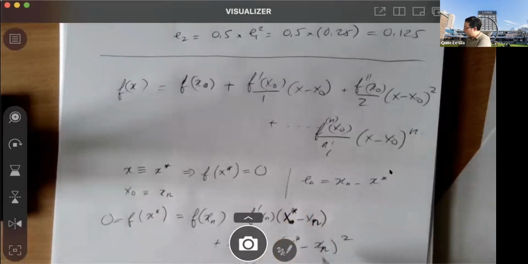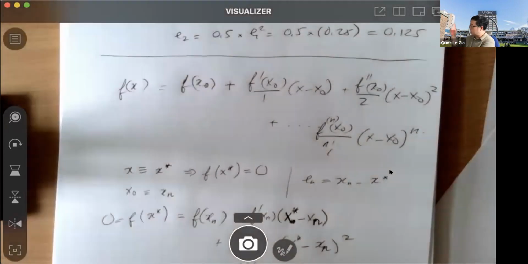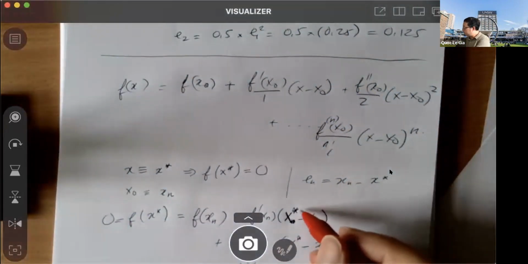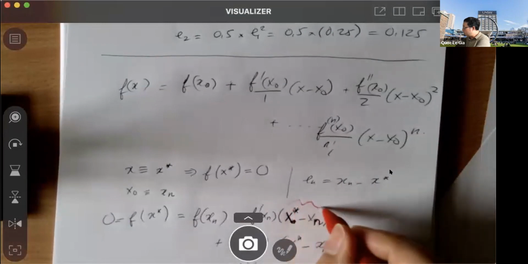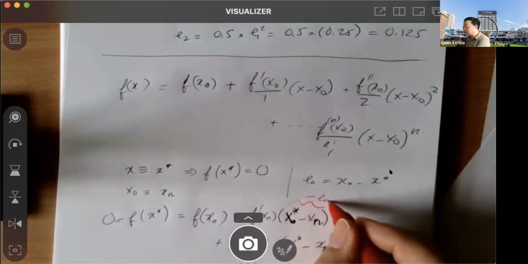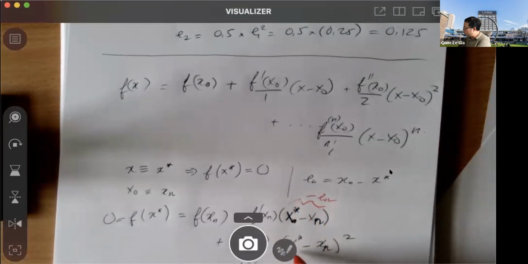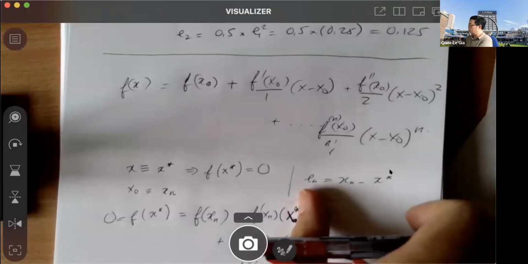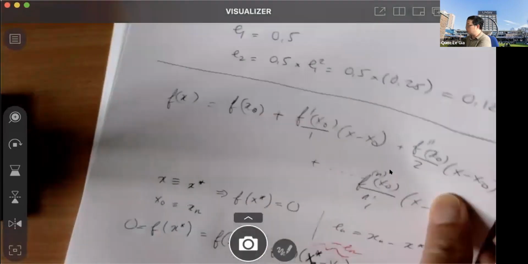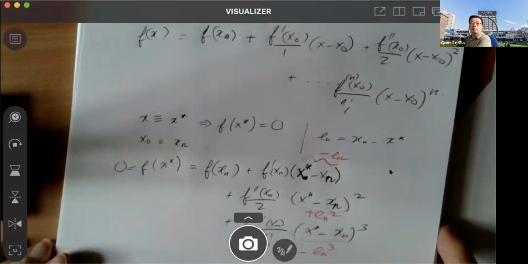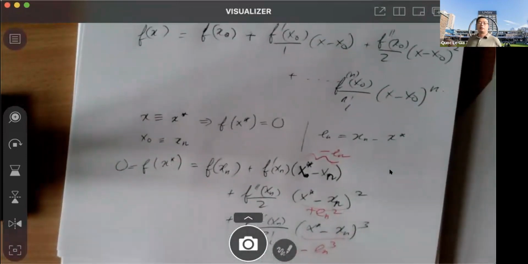So then this one will be minus e_n. This one will be plus e_n squared, because you got a square here. And this one will be minus e_n cubed, and so on. So you get the formula.